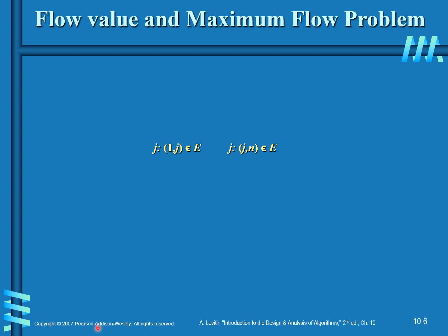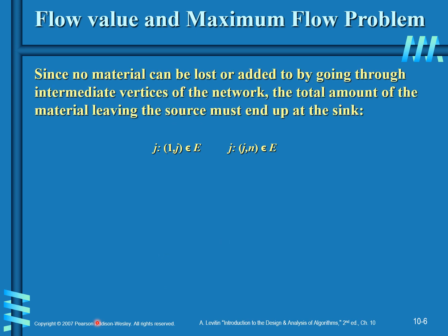Next, what is flow value and the maximum flow problem? Since no material can be lost or added while going through the intermediate vertices, the total amount of material leaving the source must end up at the sink.